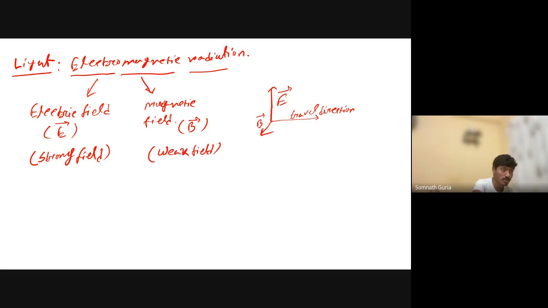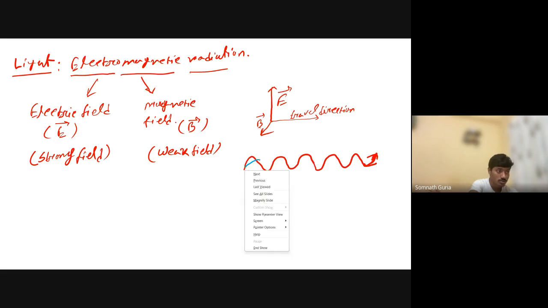That's why we are showing the amplitude of the electric field and magnetic field as different. In real time, how it looks like: this is my wave, maybe a sinusoidal wave, with the electric field propagating in this direction. Sorry for my drawing. And then we have the magnetic field perpendicular to this.